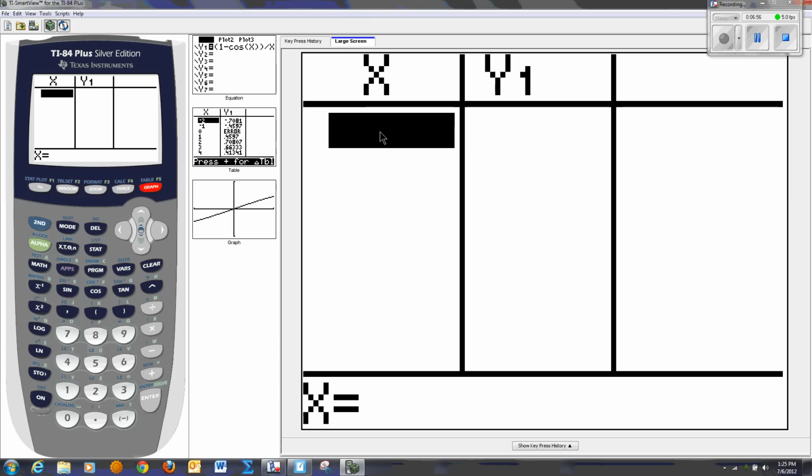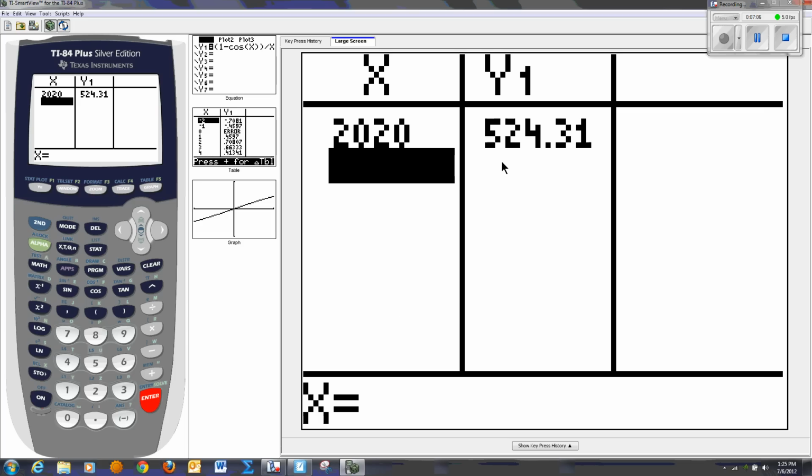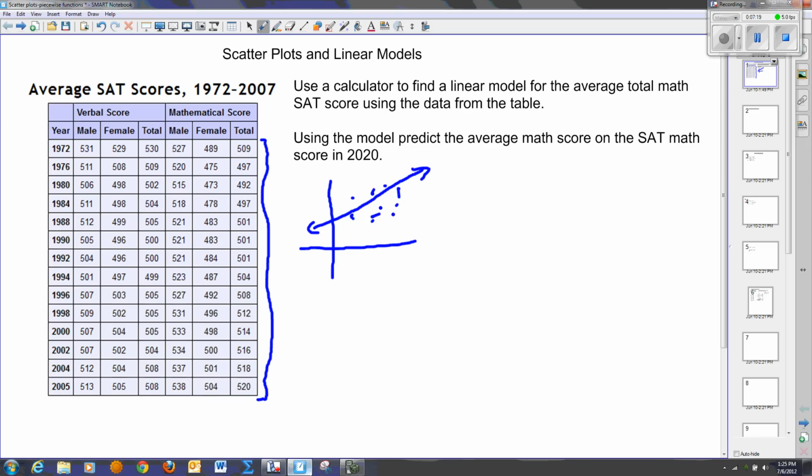It allows me to input a number, in this case 2020, and all I have to do is hit enter, and it tells me my y value, or my predicted SAT score, is 524.31.